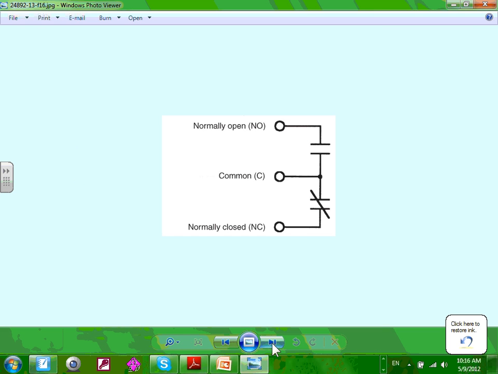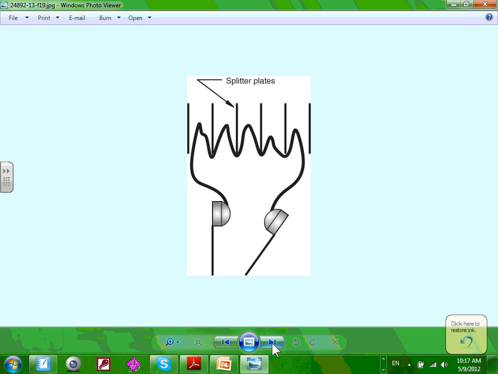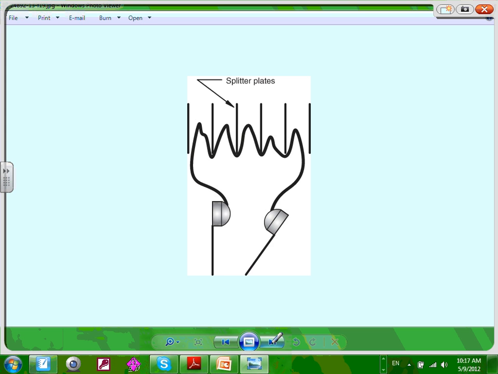Here are your auxiliary contacts. We talked about this one, the arc. Okay, and the thermal, I think this is a thermomagnetic. They call them splitters, guys. They use this technology. What they do is, can you see, they put these little splitters, and by doing it, they split the arc. It's all about getting rid of the arc. You can see that the arc now is split between these two sections.